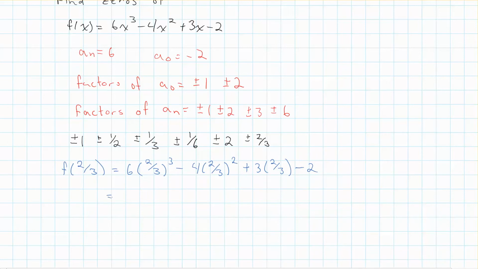And so this would be 6 times 8 over 27, minus 4 times 8 over 9. Emphasize this is multiplication there. It's not 4 and 8 ninths. It's 4 times 8 over 9, plus 2 minus 2.